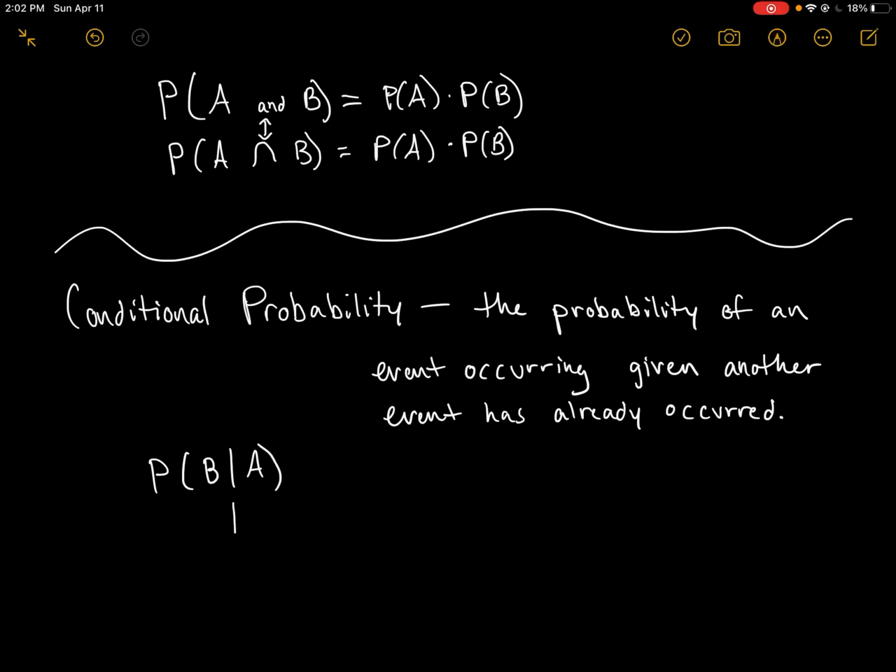The way that we write this out is the probability of event B happening given that A has already happened. So you can actually think of that line as just the word given.